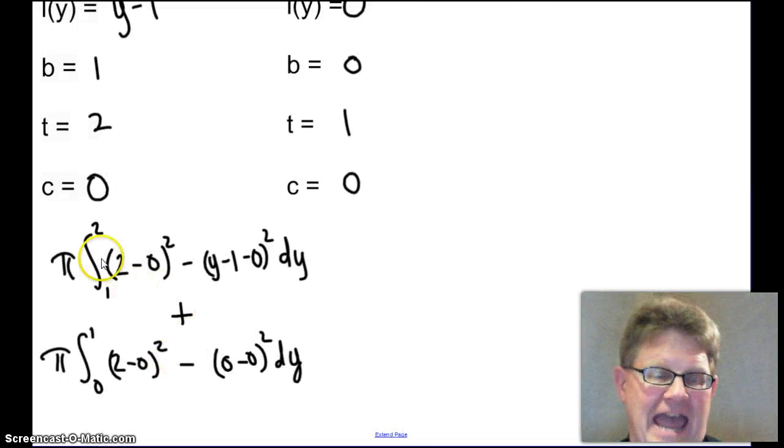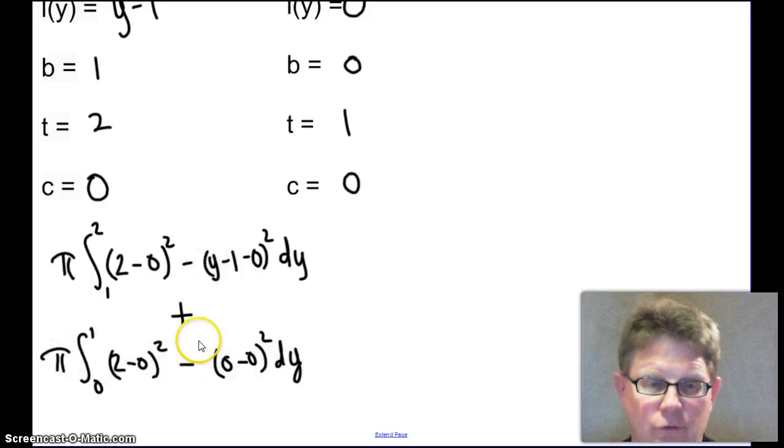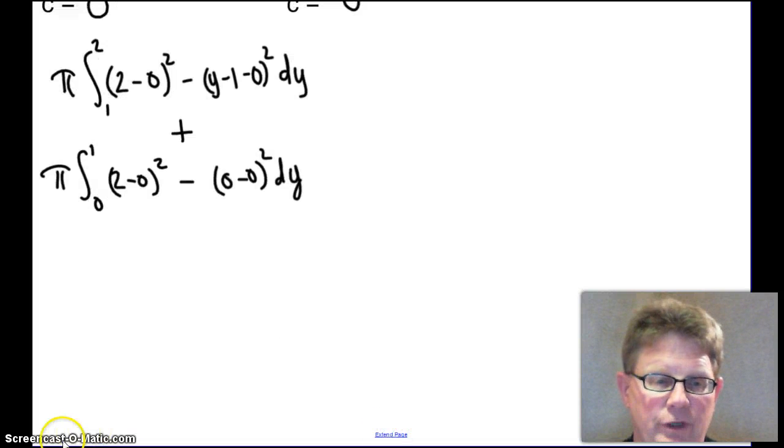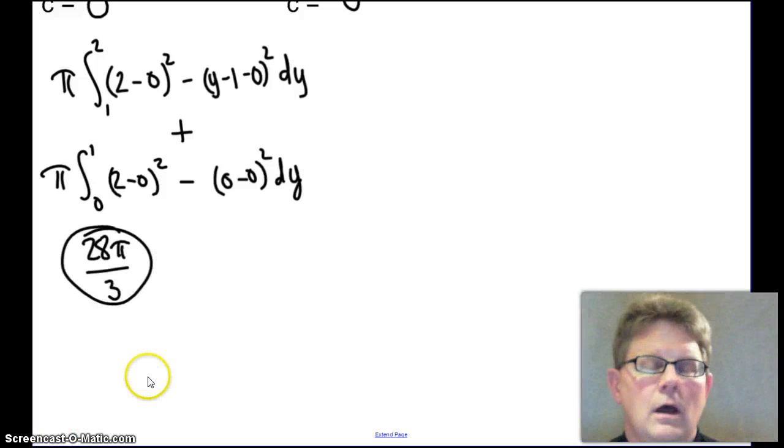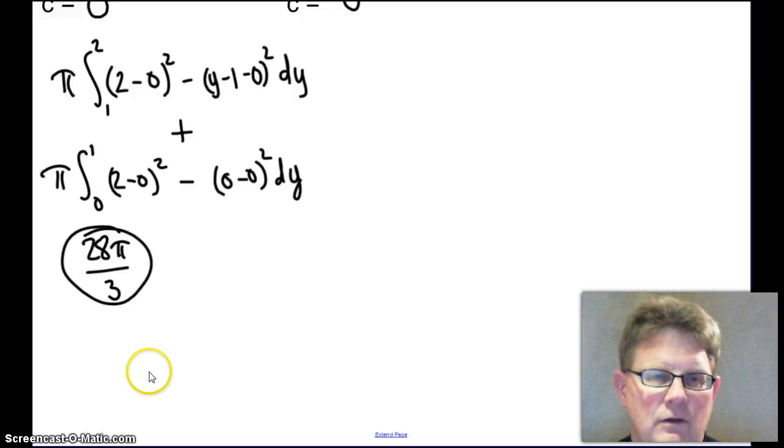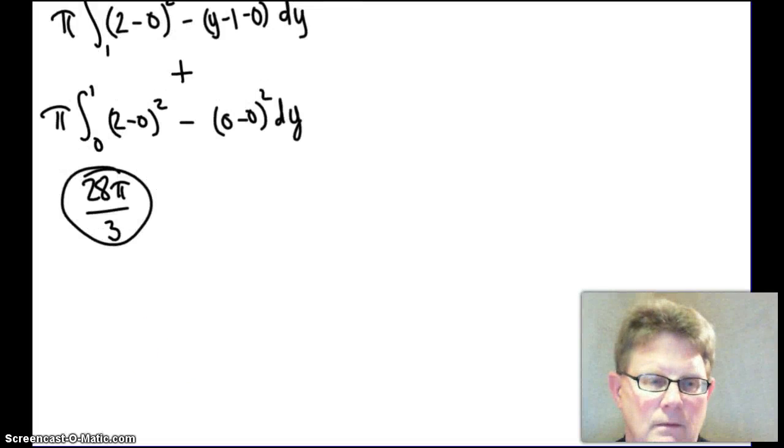Here are the two integrals set up, and we'll add those two volumes together. And when we do, we get an answer of 28 pi over 3.